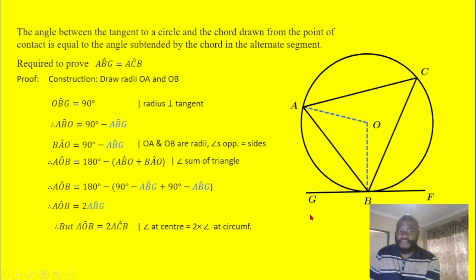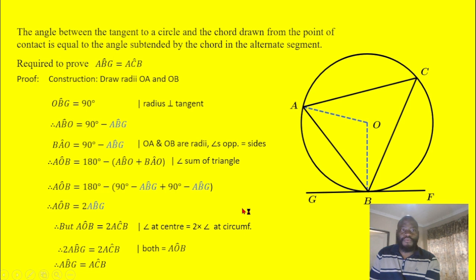Angle at center is twice angle at the circumference. Then it means the two things are equal. 2ABG is the same as 2ACB. They're both equal to the same thing. Then if we divide both sides by 2 here, we get our final conclusion of ABG equaling ACB.